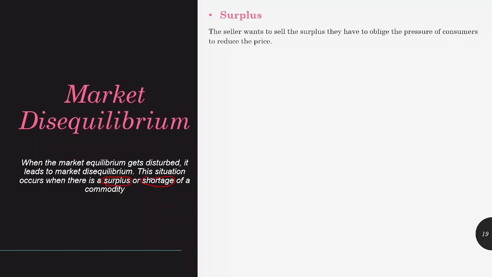So the first case is of surplus. Surplus, as the name suggests, means there is a surplus of quantity in the market. So when there is excess quantity or excess supply, the seller will try to sell the surplus, and this will cause a reduction in price.